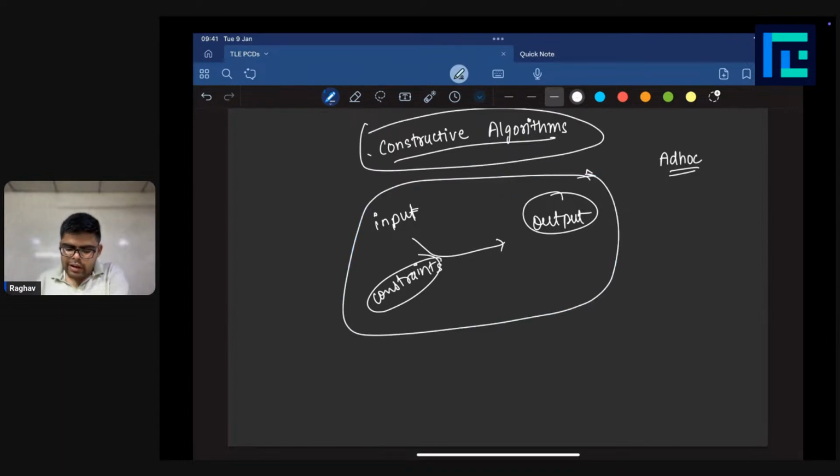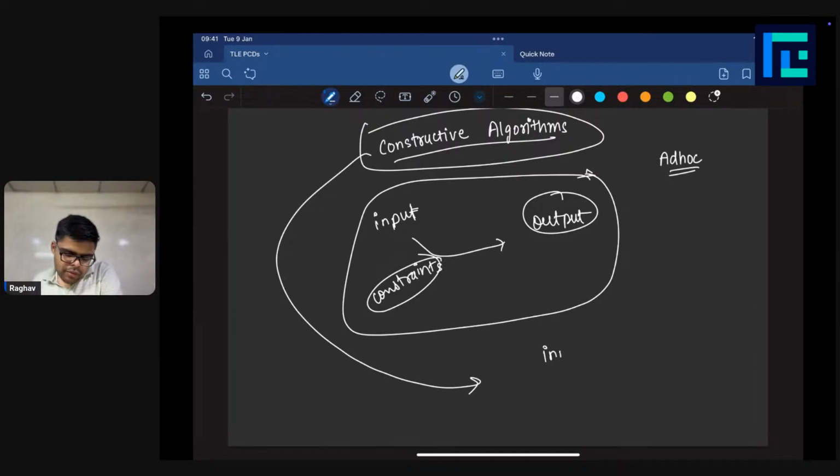But in constructive algorithm problems or ad hoc problems, there is another mindset for solving these problems, which is probably more efficient. That is, try to guess some output which is looking good to you, and then check if it is satisfying all the constraints or not.